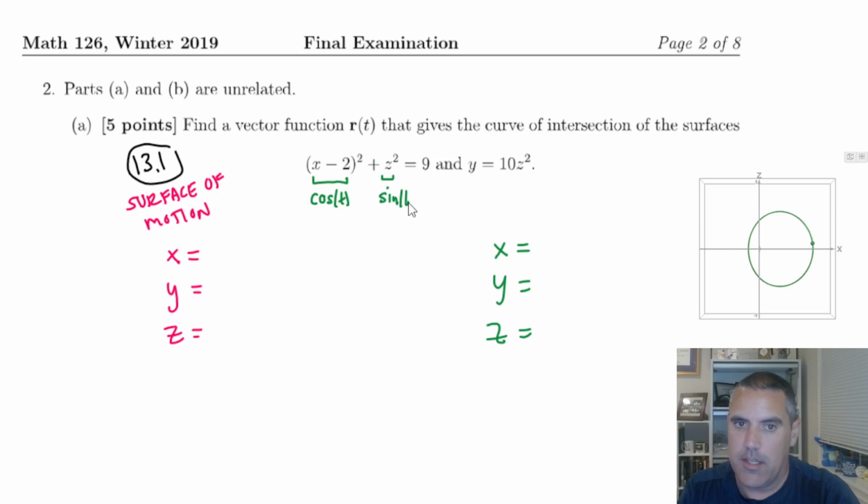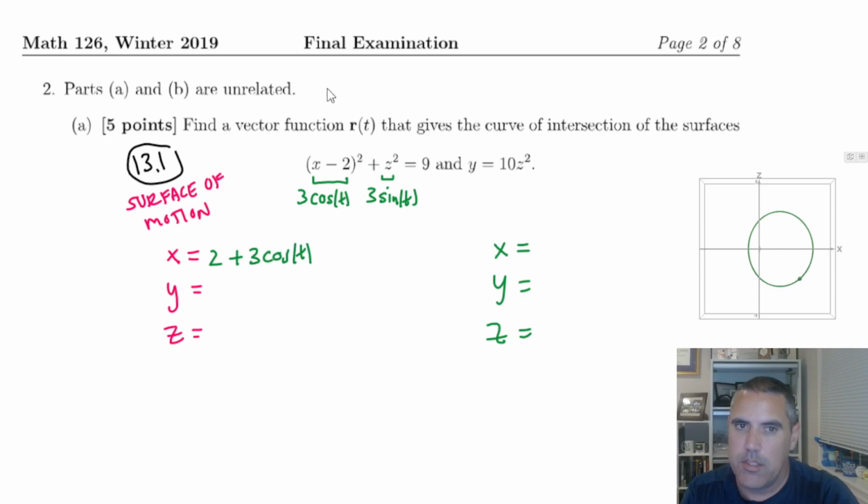Because of the 9 on the other side, this has to be a 3. This has to be a 3, so that when we square, we get 9 cosine squared plus 9 sine squared, which will be 9. So I need x minus 2 to be 3 cosine, so that means x is going to have to be 2 plus 3 cosine.